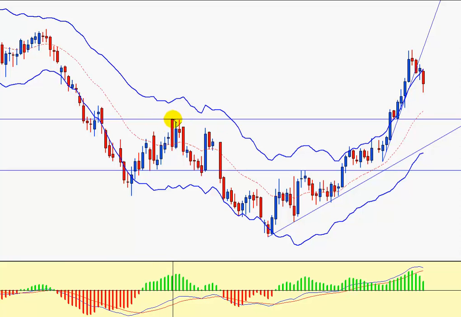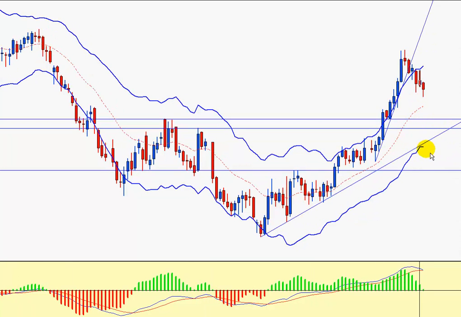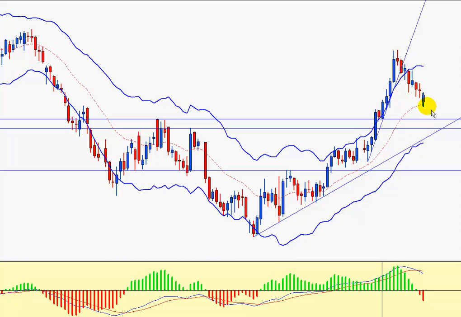Like I'm going to put a trend line here, a support line off this previous top, and I'm going to put one here as well, because that was a previous top. That way you can use that for the purpose of support and resistance for future prices and so forth.